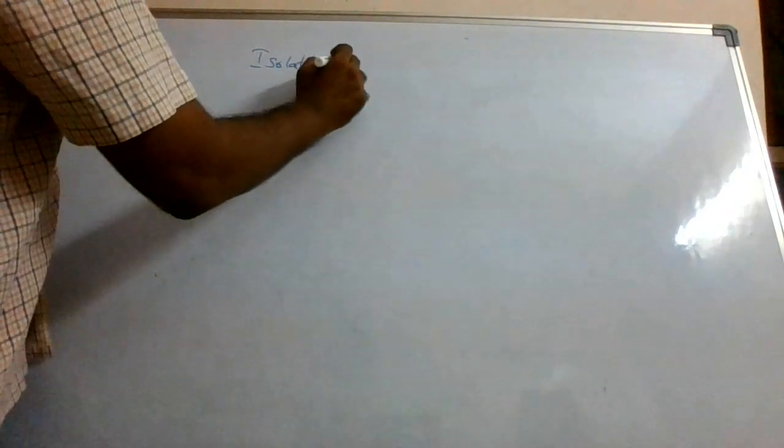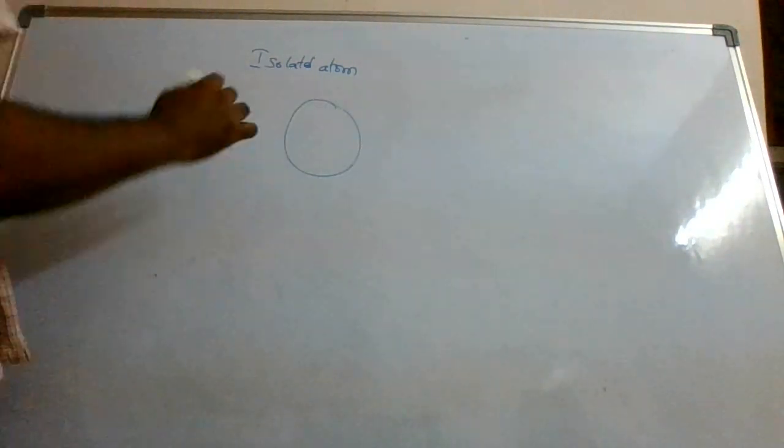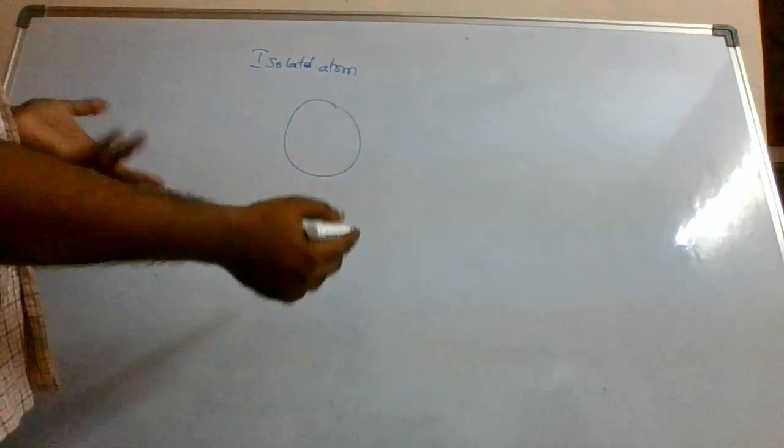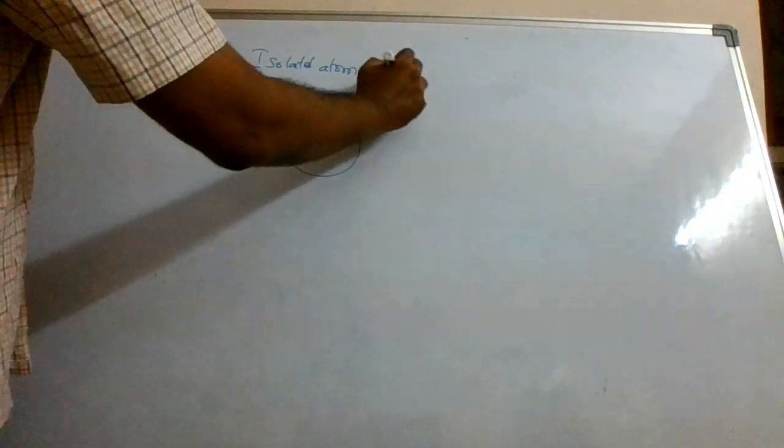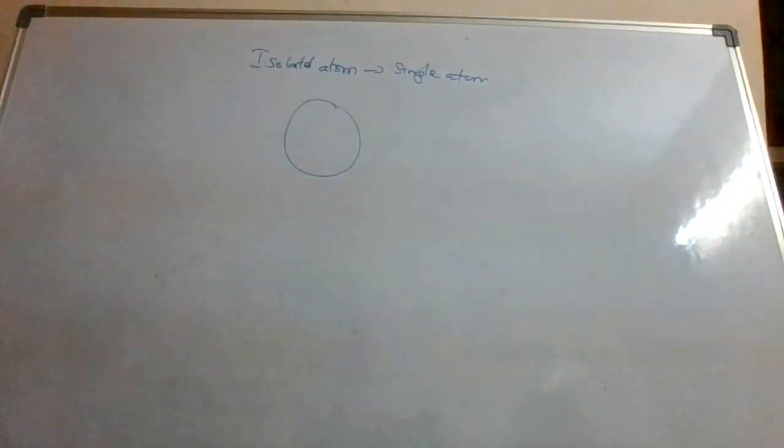Now, you have a term called isolated atom. An isolated atom means a single atom with no other atom nearby.